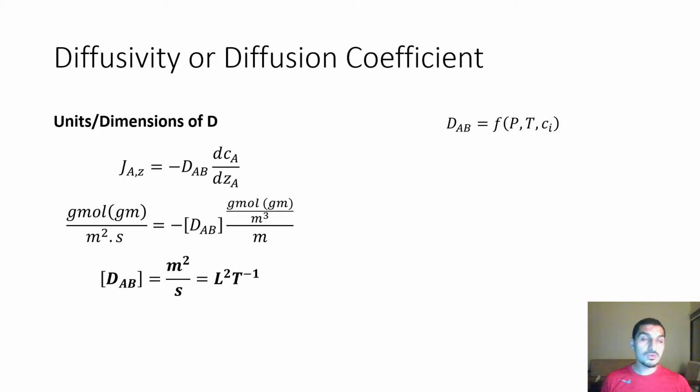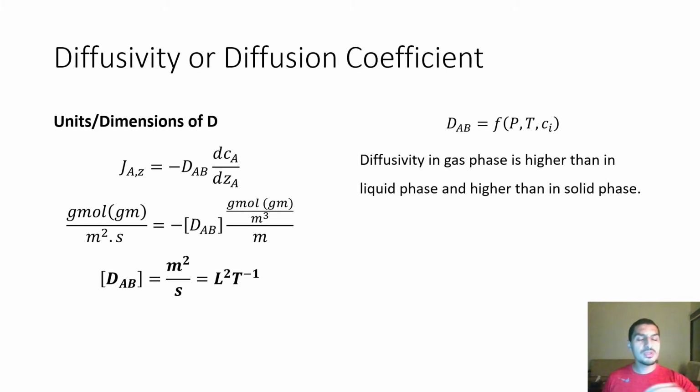And it's also a function of the properties of the two species, A and B, the medium and the diffusing species. This is something that we will see in the equations in more detail, and we will get more information about them. But the point that we need to know now is that the diffusion coefficient, as we said before, is an indication of how easy or hard the diffusion process is.